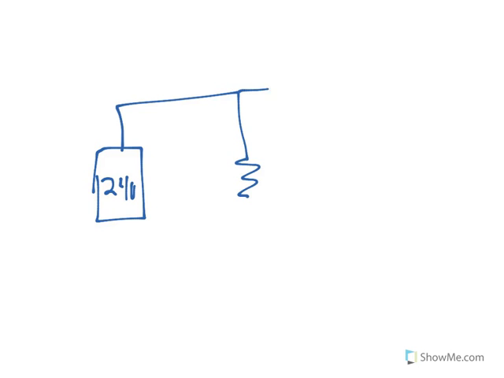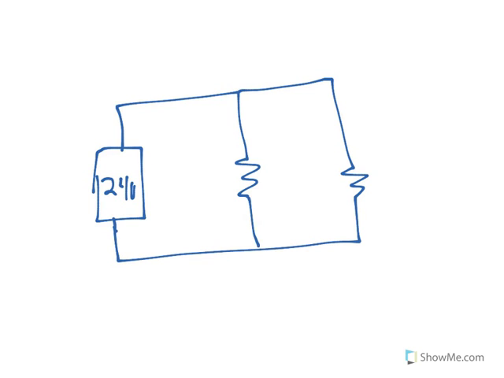So here we go. We've got a 24 volt battery, or whatever it is, power supply. And then we've got two resistors, and connect that back. One is 5 ohms and one is 20 ohms. Where do we need to put that ammeter? Would the ammeter go here, or here, or here, or here?